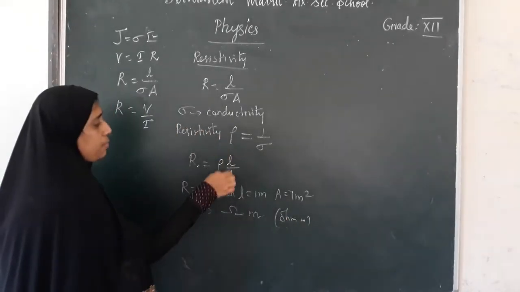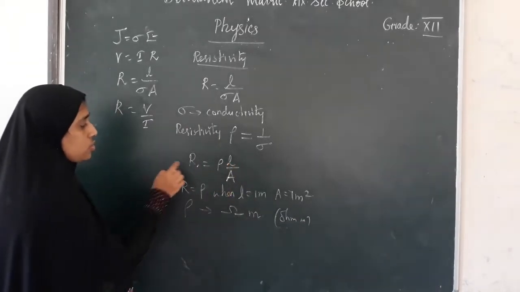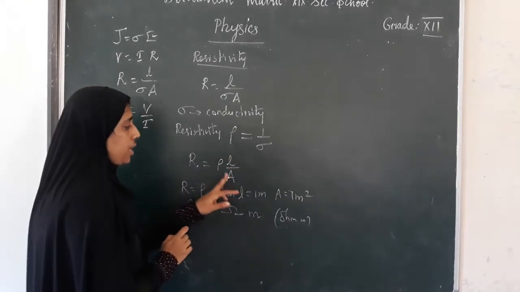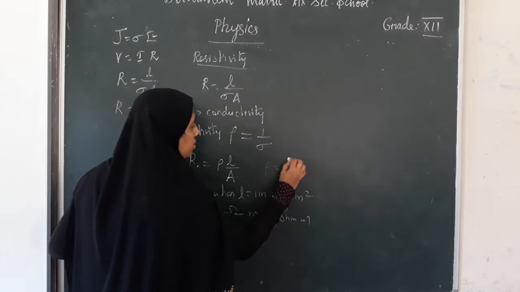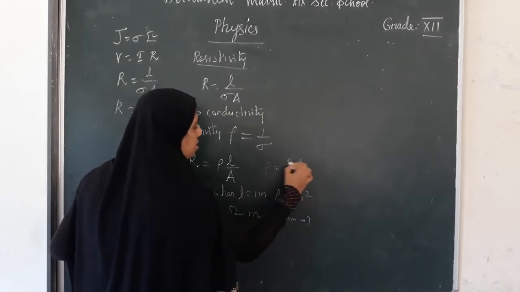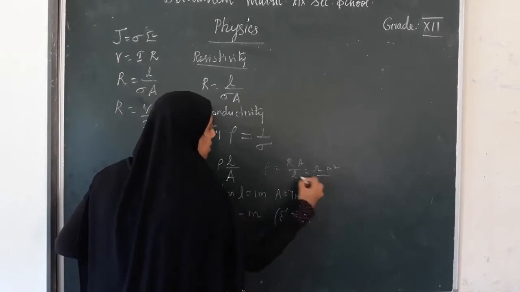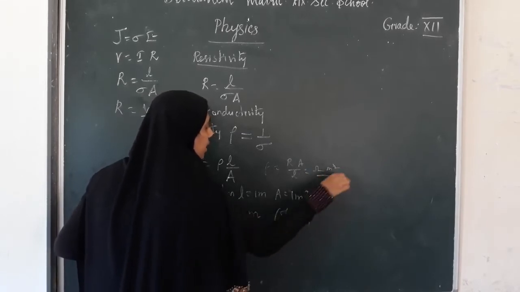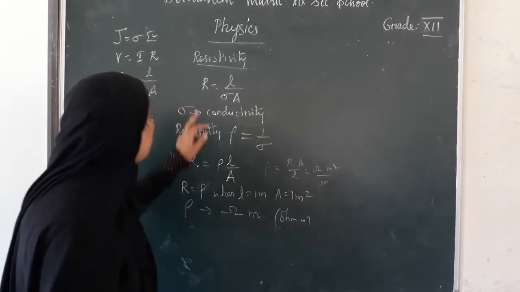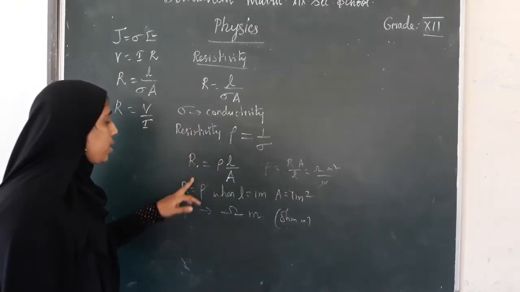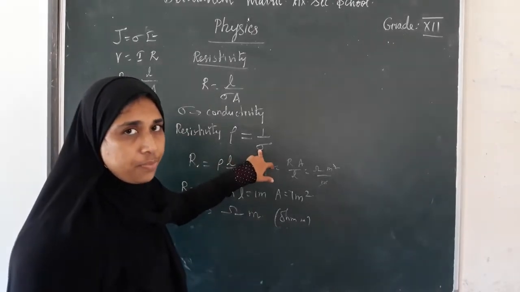Because R is equal to rho into L by A, so rho is equal to R into A by L. The resistance unit is ohm, area unit is meter square, unit of length is meter. So one meter gets cancelled, and we get ohm meter. So R is resistance, rho is resistivity, and sigma is conductivity.